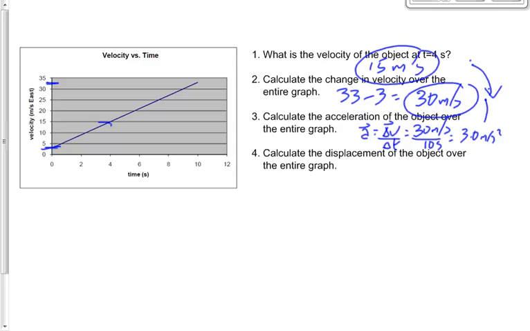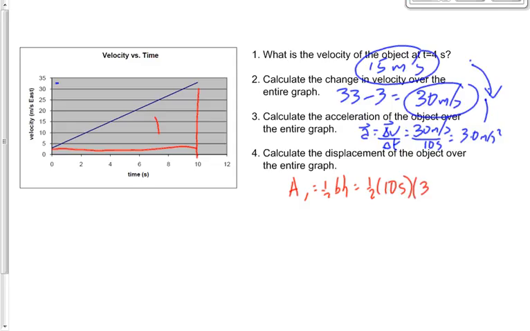And finally, the displacement. It's so close to a triangle, but not quite. We got to break it up a little bit here. Here's a triangle. The area of the triangle is 1/2 base times height. The base is 10. The height goes from 3 to 33.